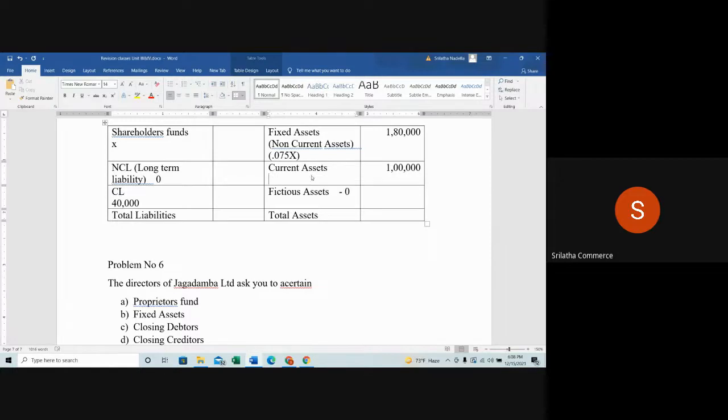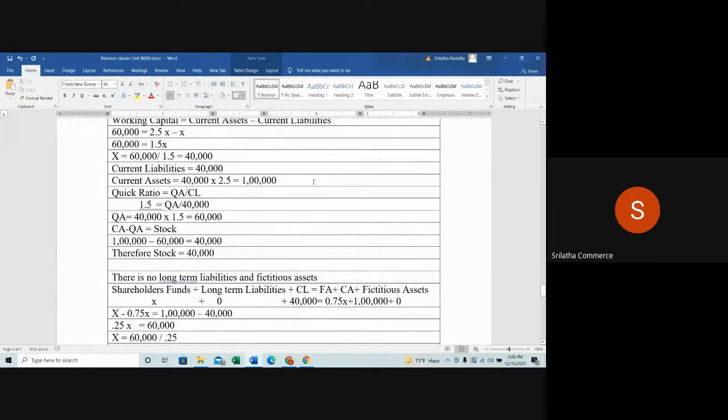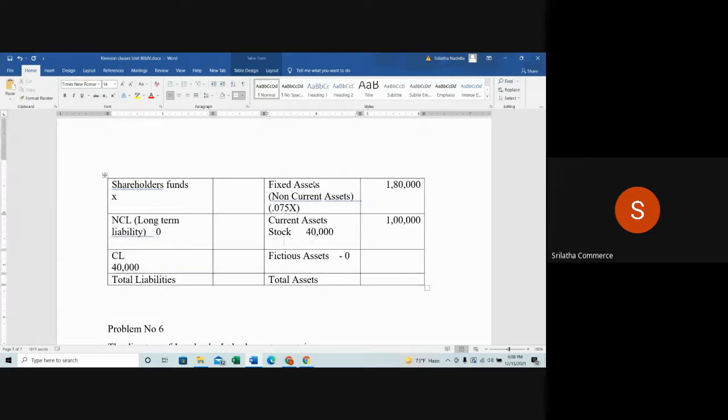Stock is 40,000. Other current assets will be 60,000. For the total, we have taken 1 lakh. Fictitious assets are nil.